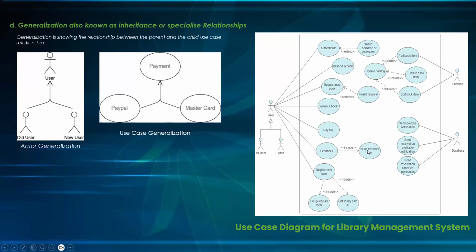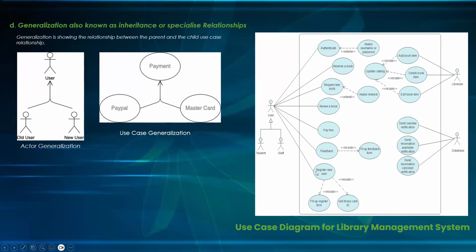It's an include relationship. For the user to give feedback, the user must fill this form. Does it make sense? So it triggers something. That action needs to be completed for this to be complete.